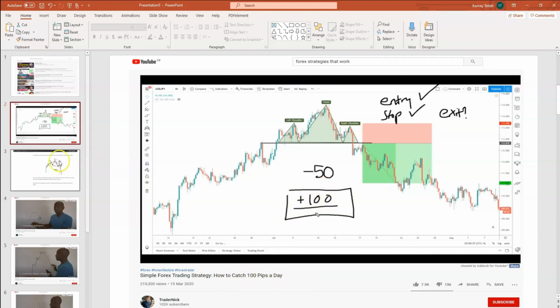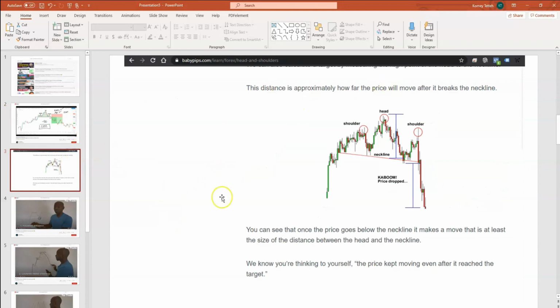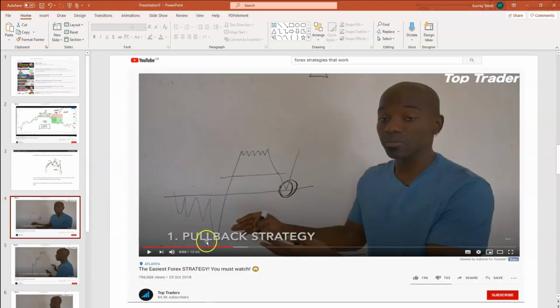Nonsense. Here's an example from Baby Pips, which is a free site, babypips.com. It's got all of these strategies on there. So there's a head, there's a shoulder, you buy, stop above there, and all the rest of it. Another one, I just put the screenshots here of the trading strategy that was put up.